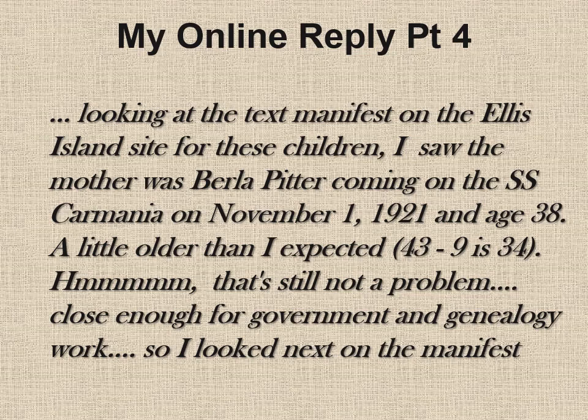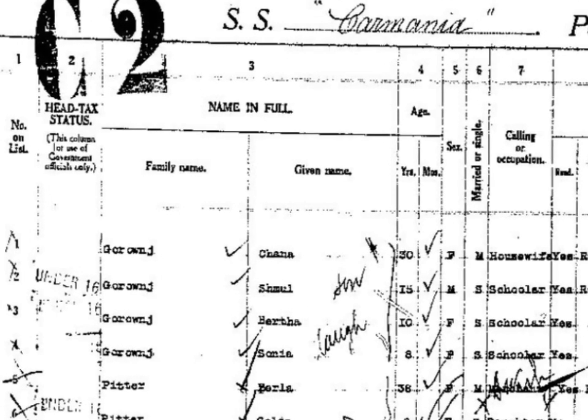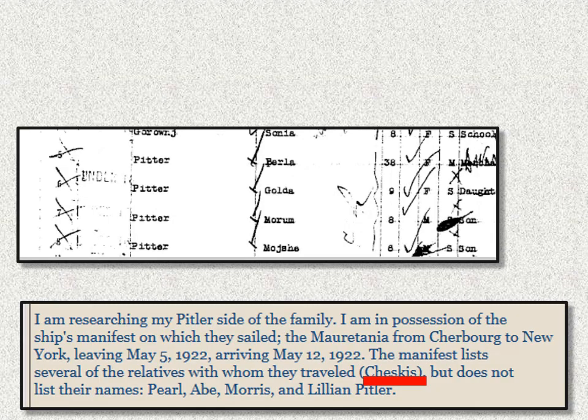So I looked next on the manifest. The manifest is sheet C2, and the Pitters are starting on line 5, C25. Let me blow it up so you can see that a little bit better. It turns out that the columns on this manifest are going to help us.